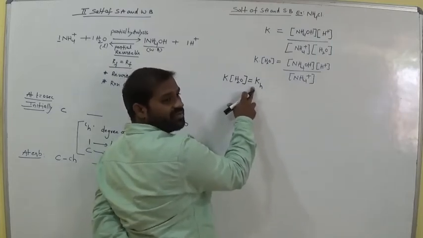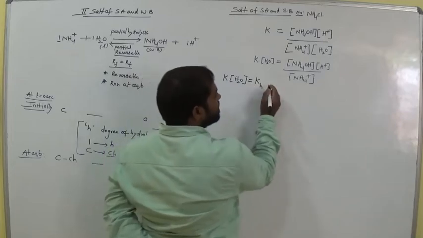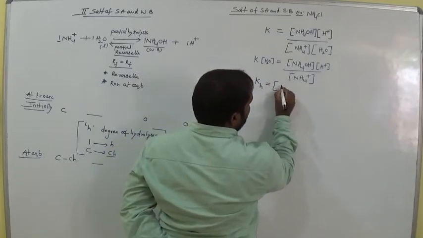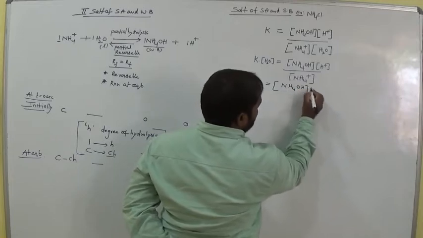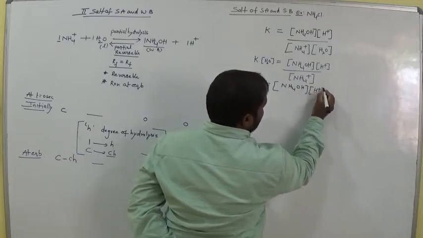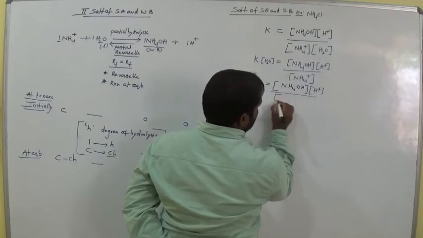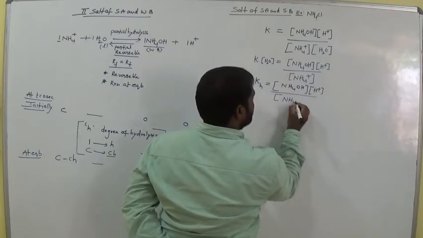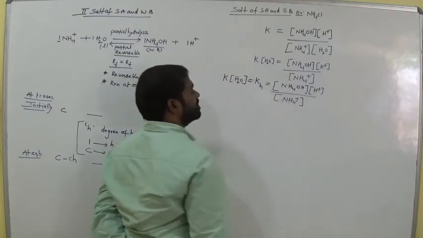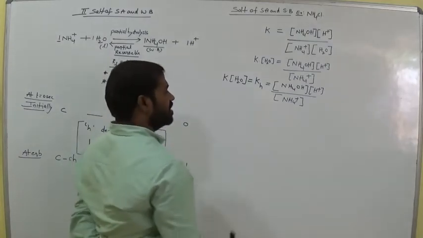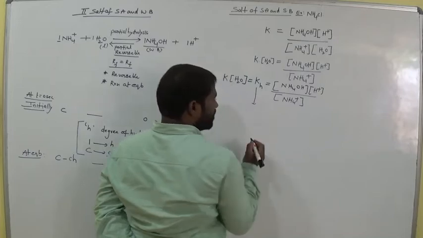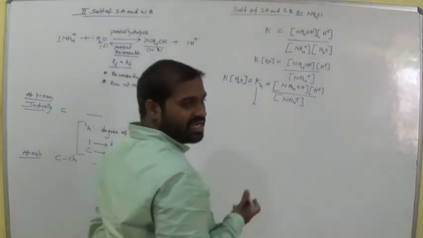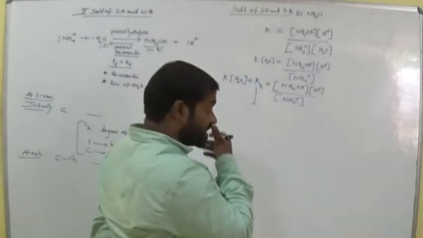The new constant I would like to introduce, KH, is the molar concentration of NH4OH, the molar concentration of H plus, over the molar concentration of NH4 plus. Clear, all of you, up to here? Now this KH is also an equilibrium constant.